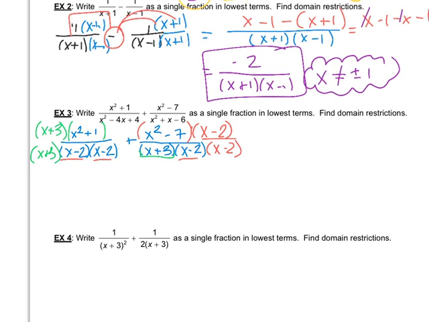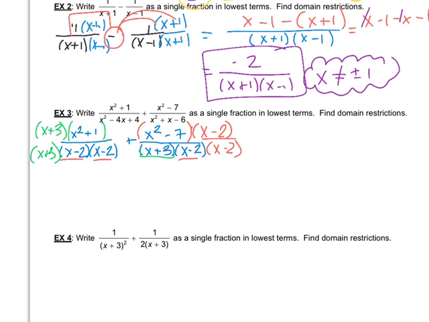I have two separate things that I need to FOIL or distribute, whatever you want to call it. And now I have my common denominator. It's x plus 3 times x minus 2 times x minus 2, or x plus 3 times x minus 2 squared. That's going to remain the denominator. I do not need to distribute that out, but I do need to distribute the numerators and make any cancellations if I can, or simplify it.